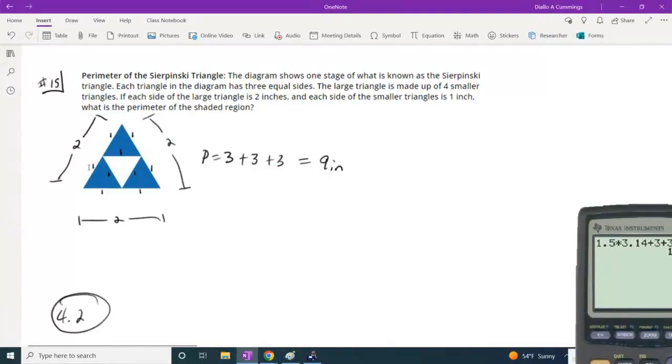I can also find the perimeter of this triangle, because it's shaded, so that would also be 3 inches. And I can find the perimeter of this shaded triangle, which would be 3 inches. So it's making 4 triangles and leaving one unshaded, and it wants to know the perimeter for all of the shaded triangles.